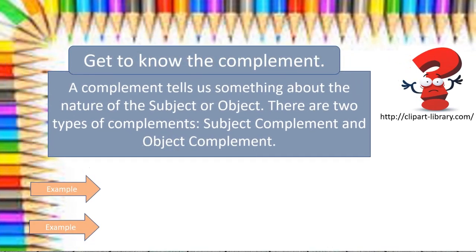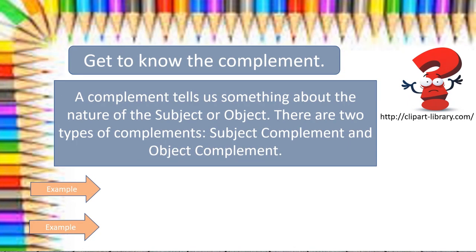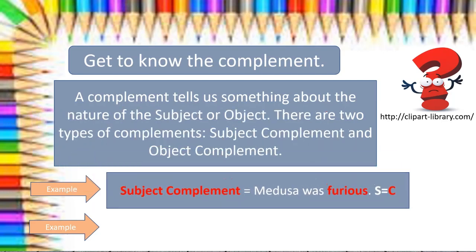Let us also review the complement. A complement tells us something about the nature of the subject or object. There are two types of complements, the subject complement and the object complement. Example, Medusa was furious. Medusa is our main subject and furious is the subject complement. It tells about the subject. Usually, the subject complement is a noun, pronoun, or an adjective.